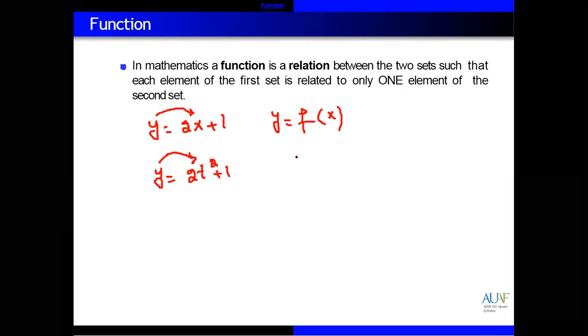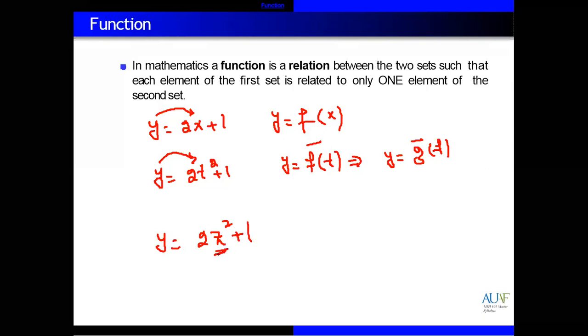Now we have the variable t, so we can write y is a function of t because it depends upon t. Or you can write y equals g of t. So the name is g, in this case, whereas before the name was f. If we have y equals 2z squared plus 1, now the independent variable is z, so we can write y equals f of z, depending upon z.